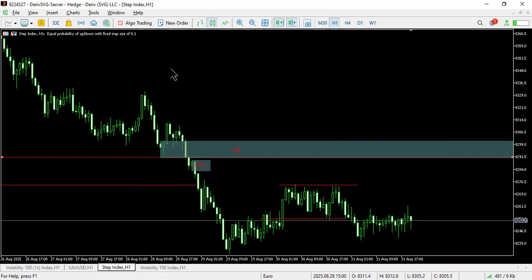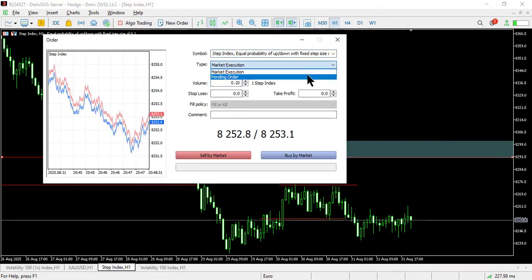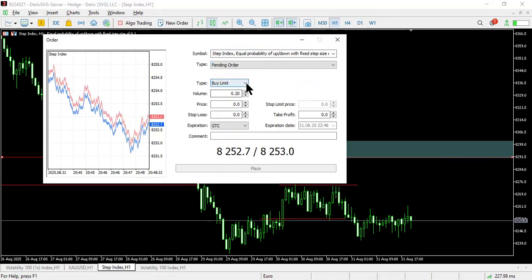But yes, if you had to place a sell limit, let me show you. Go to the symbol, and the default lot size on step is 10. Go to market pending order, sell limit, because we are in downtrend, we are selling.